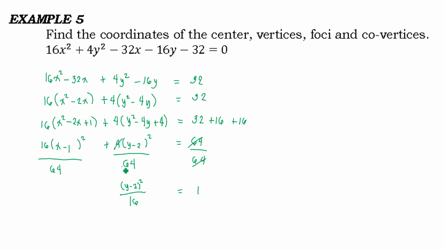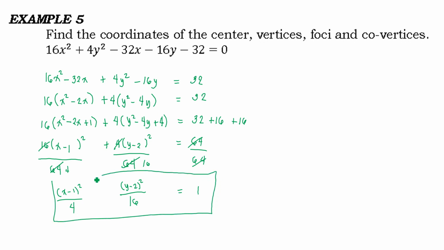Then here, 16 and 64 are both divisible by 16. It becomes 4 here. So, in other words, we have the squared quantity of x minus 1 over 4. This would be the standard equation.